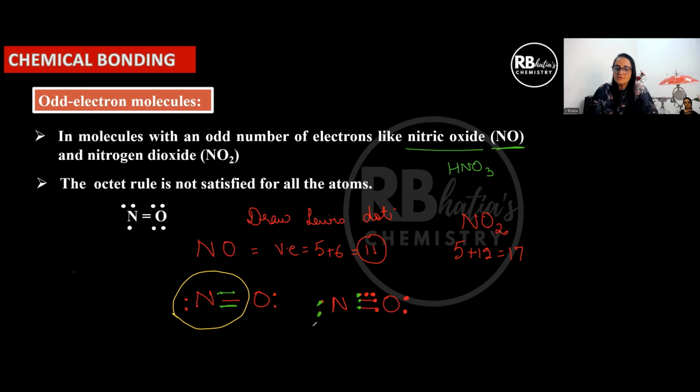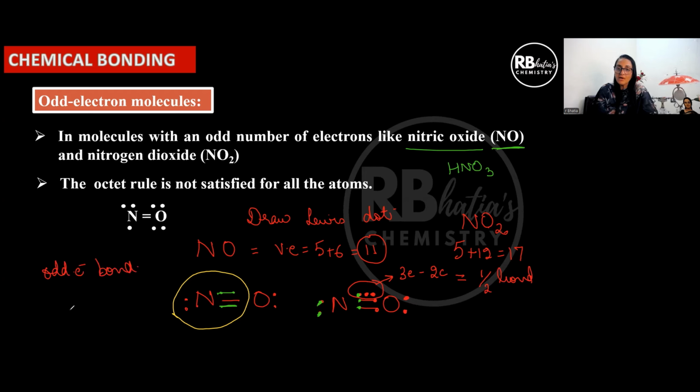How was this structure justified? This kind of sharing makes the total electrons justified, but this bond is a 3 electron 2 center bond, which is considered to be like a half bond. Remember, odd electron bonds are considered to be half bonds.